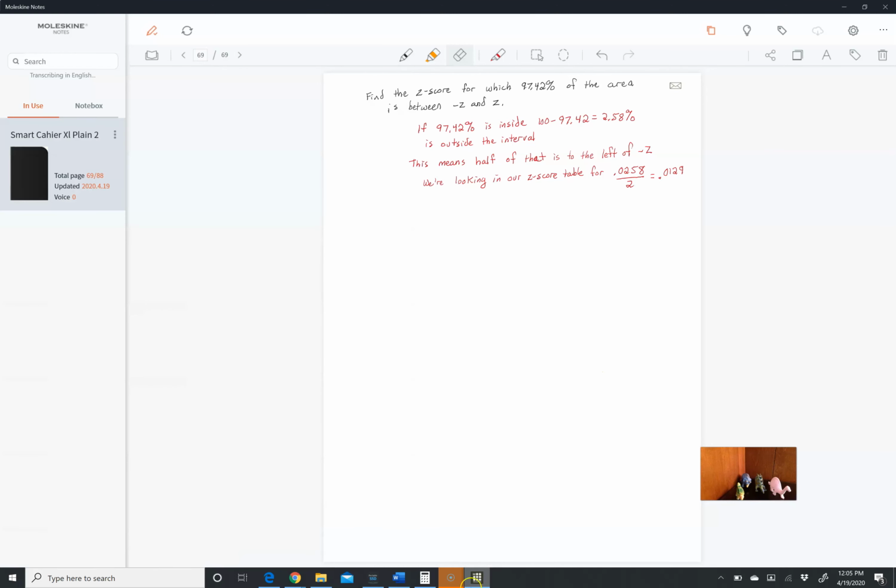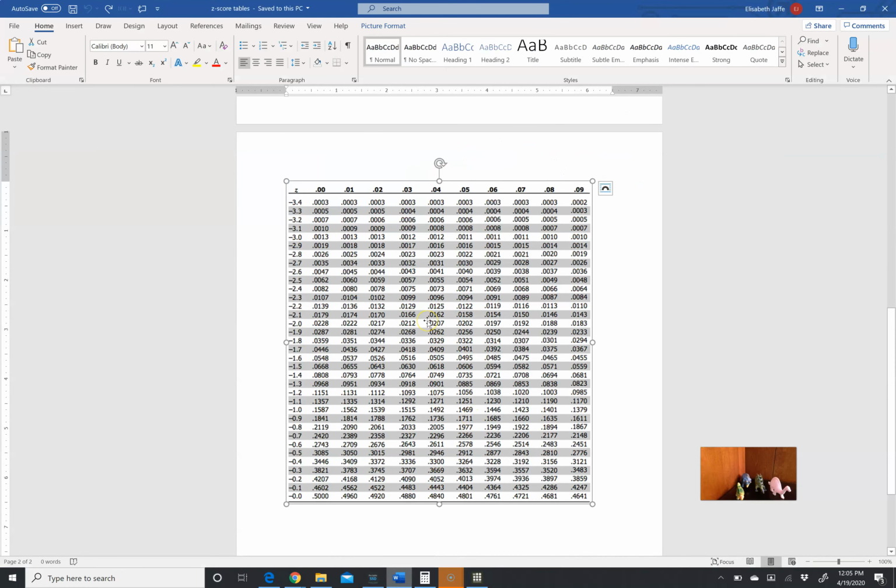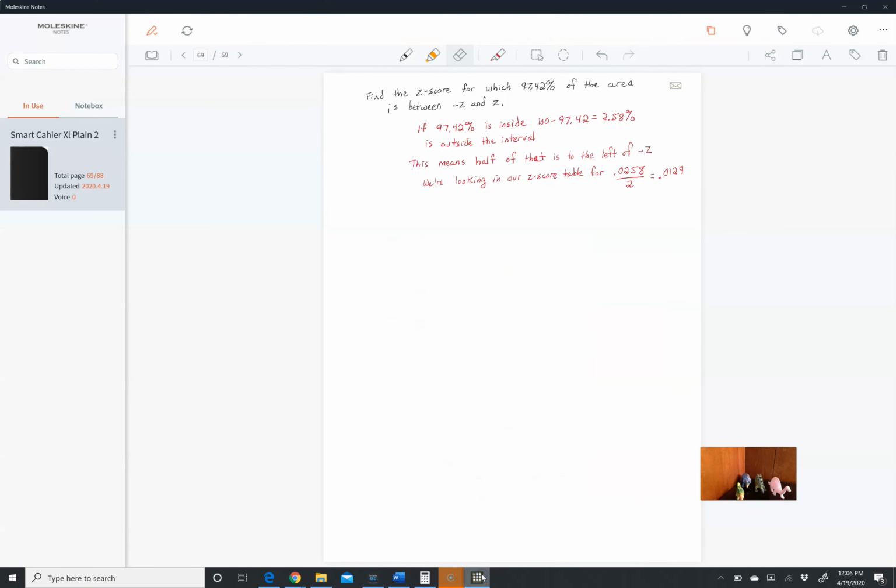So if it's centered about the mean, we know that we're always going to be on the left when we do this, okay? So we're always looking at the negatives. So we're looking for 0.0129. And if we go here and we look for 0.0129, we get here, negative 2.23, okay? 0.0129 is here. So if we look to the side, it's negative 2.2. And if we look up to the top, we have the hundredths place, so it's negative 2.23.